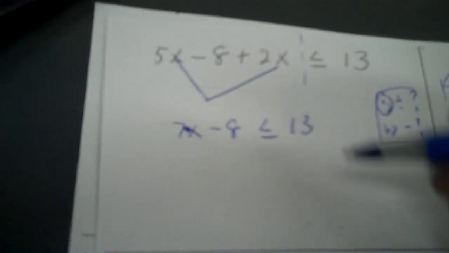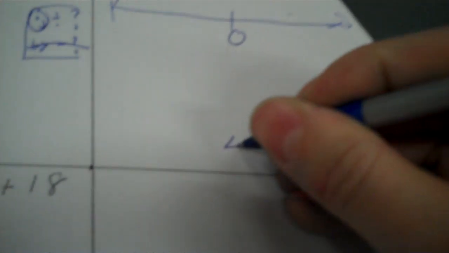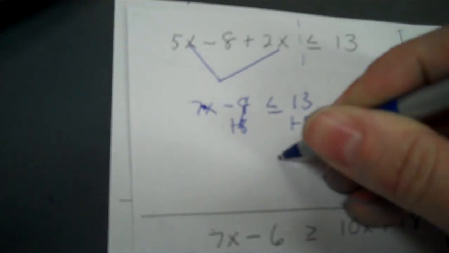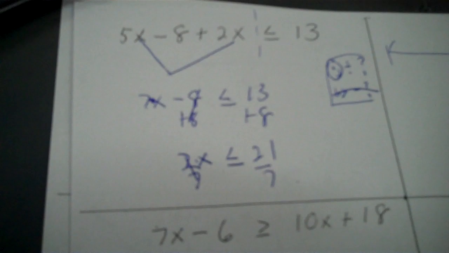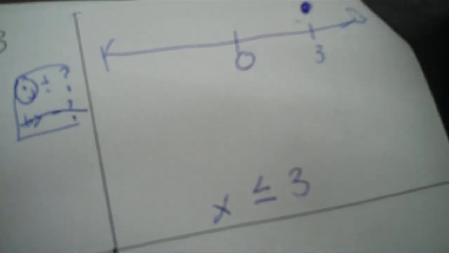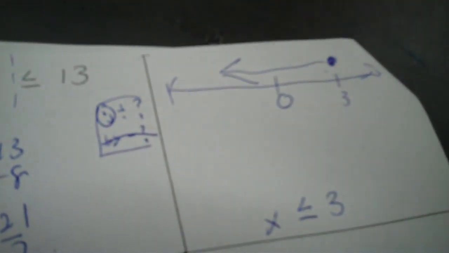Nope, that 7's positive, so keep the sign the same way. Don't turn it. So we plus 8, 13 plus 8 is 21, and then we divide by 7. So you got x, 21 divided by 7 is 3. Does it open towards x or towards a number? It's opening towards a number, so it goes this way.